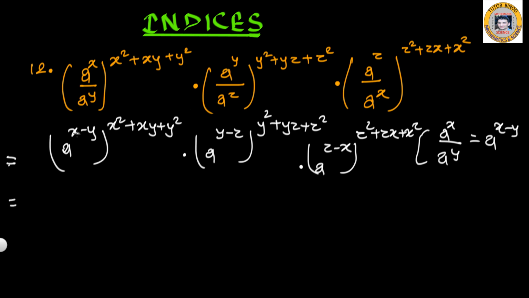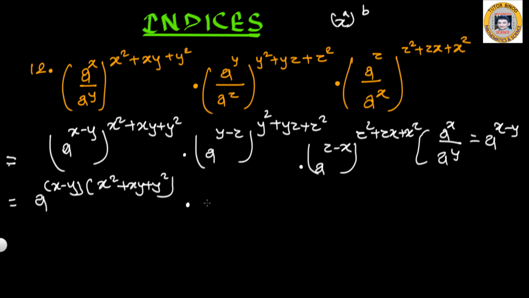Now if you see it over here, if you have a to the power b raised to a power, then the powers would be multiplied. Similarly, we can multiply these two powers over here. So a to the power x minus y times x square plus xy plus y square.